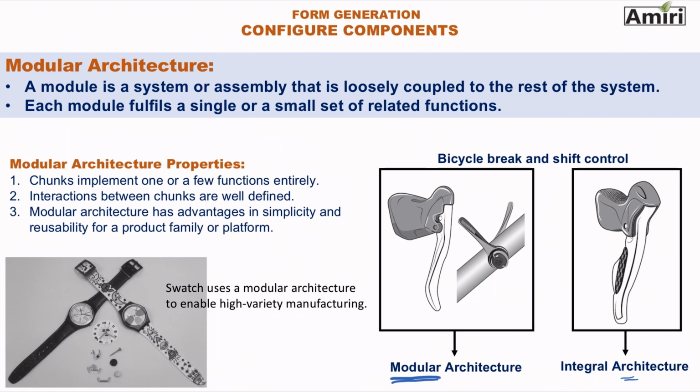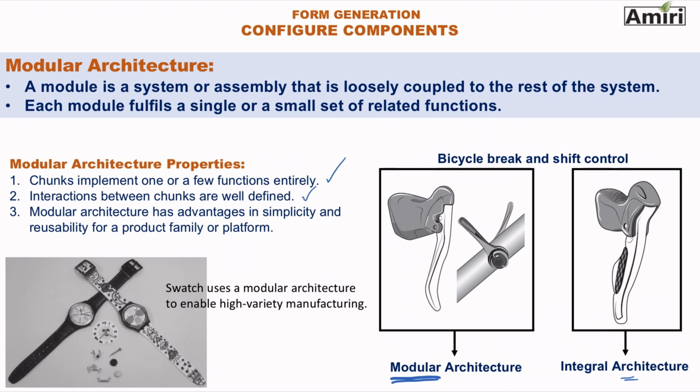So modular architecture has some unique features. As we mentioned, chunks implement one or maybe a few functions, and interactions between chunks are well defined and very clear. As an example here, in the modular architecture of the bicycle brake, you can see this. The advantage of choosing a modular architecture is that it's simple, and a lot of components are reusable.